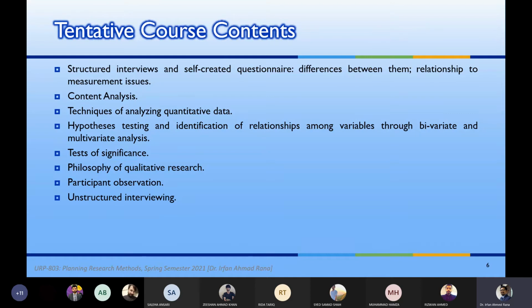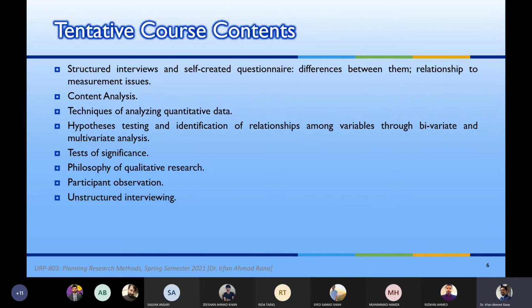Then we will be performing regression analysis and some advanced statistical methods that would help you achieve your particular objectives. So remember, objectives are very important, and objectives are basically shaping your methodology, your data collection, as well as data analysis. So objectives are very important.